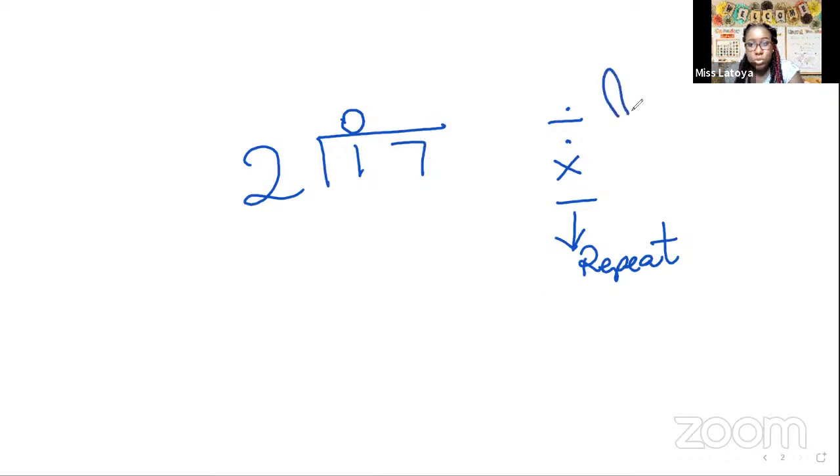Okay, let's go. 2, 4, 6, 8, 10, 12, 14, 16. How much fingers do we have up? 1, 2, 3, 4, 5, 6, 7, 8. Okay, I am getting 8. The next step is to multiply. 2 8s are 16. 16 comes under here.